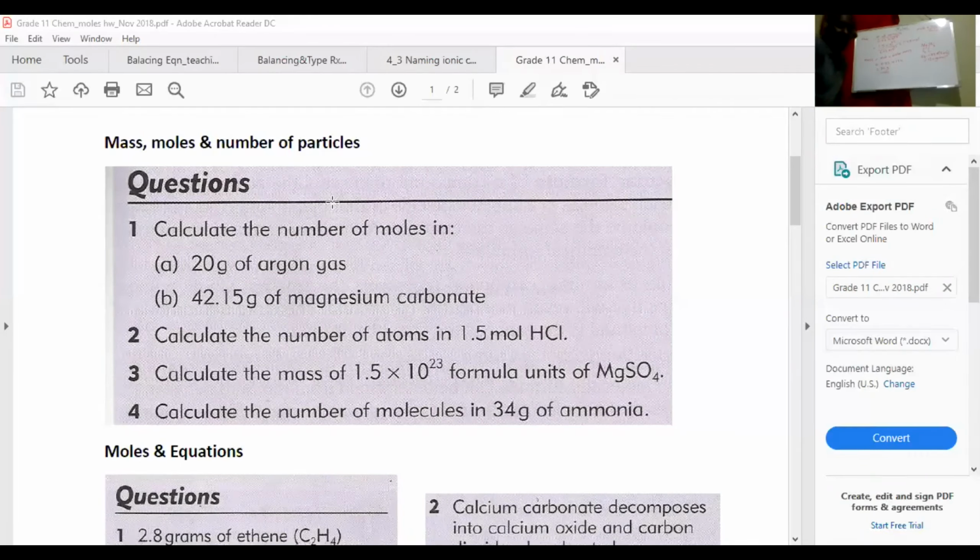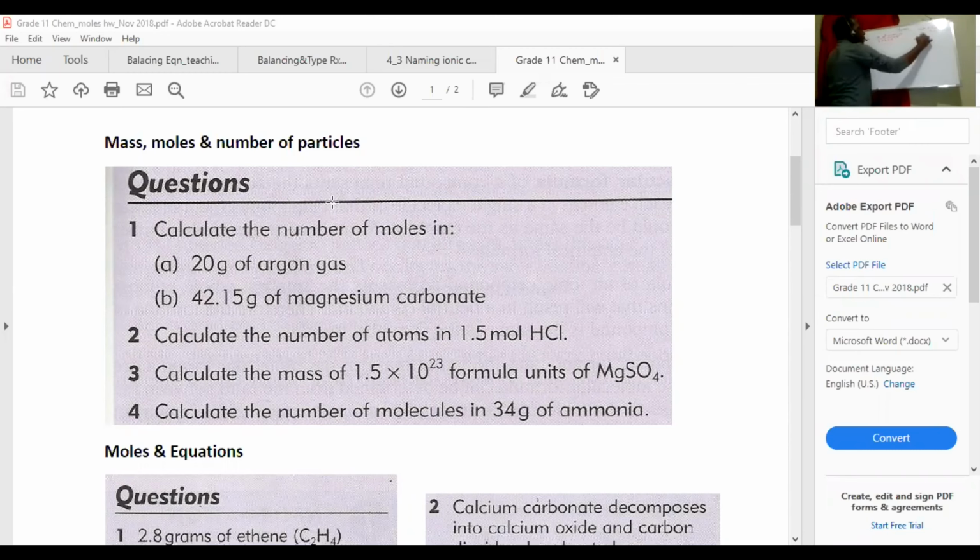All right, and finally, calculate the number of molecules in 34 grams of ammonia. So we're working in the opposite direction now for this question. We're still using these two equations, right? We're given mass, so we have to use the mass one first.